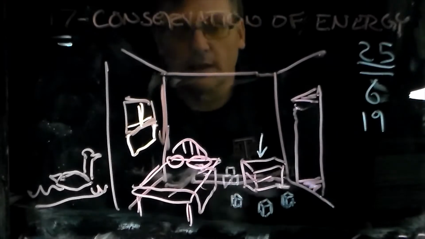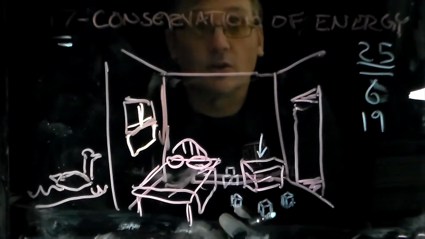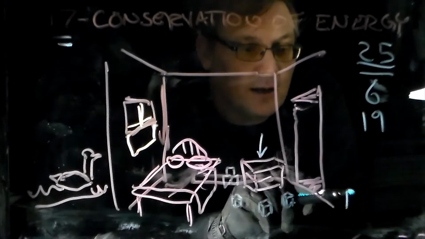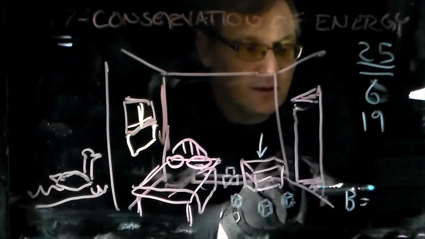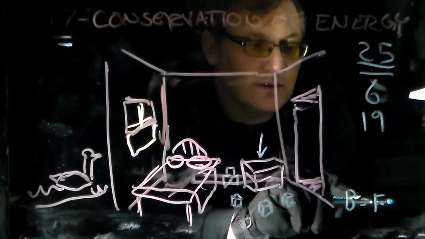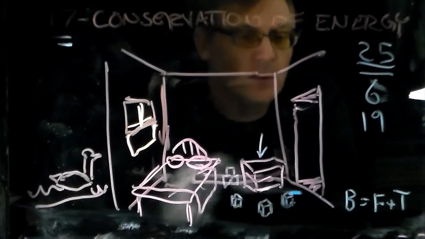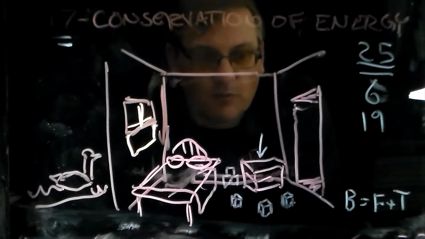Okay. So that's an interesting sort of thing. She can make a little equation out of that. The total number of blocks is equal to the blocks on the floor, F, plus the blocks in the toy box, T. So that seems pretty reasonable.